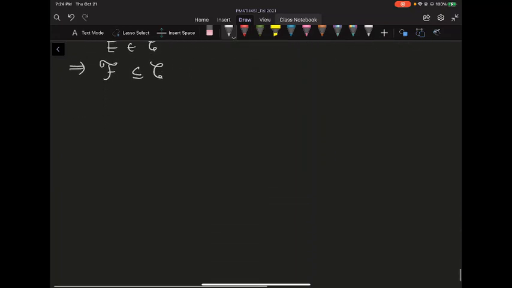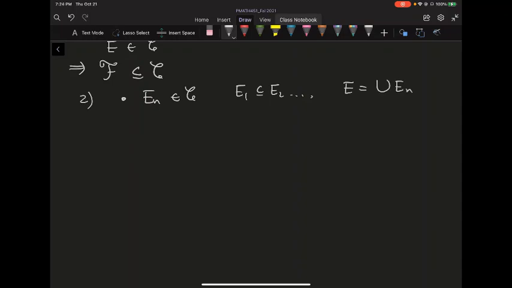Now I just need to show that C is a monotone class. To show this, I want to show two things. First of all, I want to show that C is closed under increasing chains. Let En be inside C, an increasing chain, so E1 contained in E2 and so on, and let E be their union of these En.